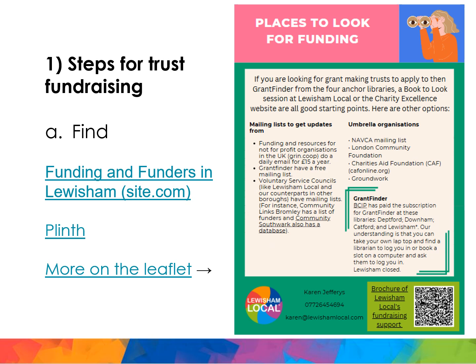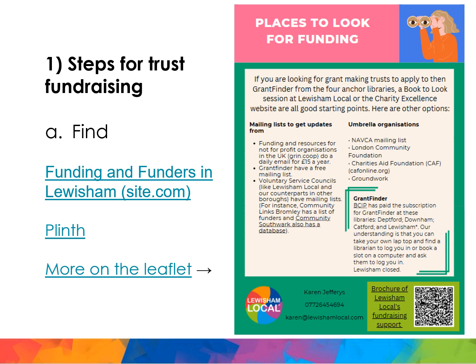But a couple of things that I want to draw out from that help sheet are that the Lewisham Local website has got a list of funding and funders. When you go onto that website, you'll see that there are two different tabs. Funding is the actual fund.